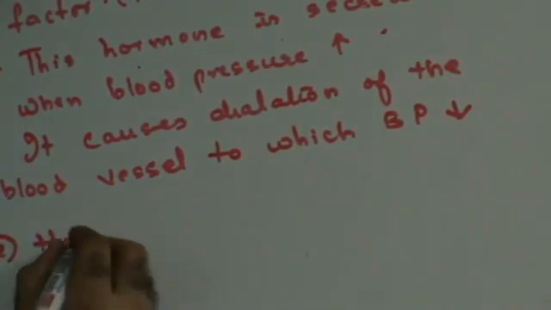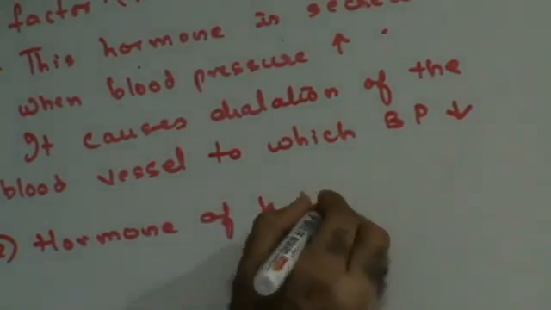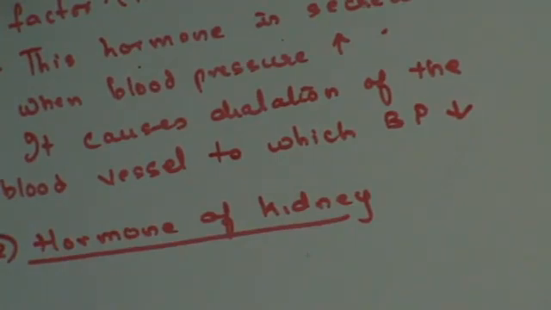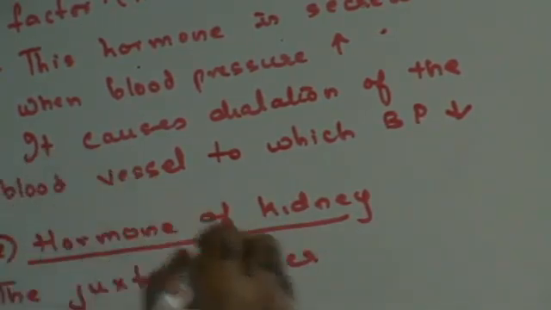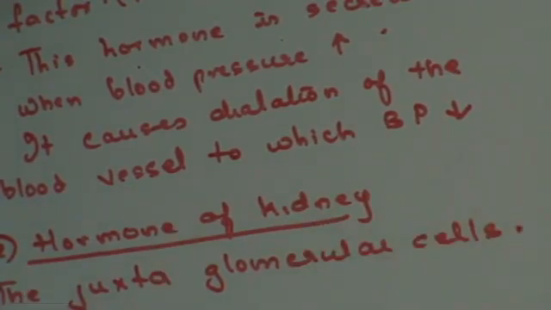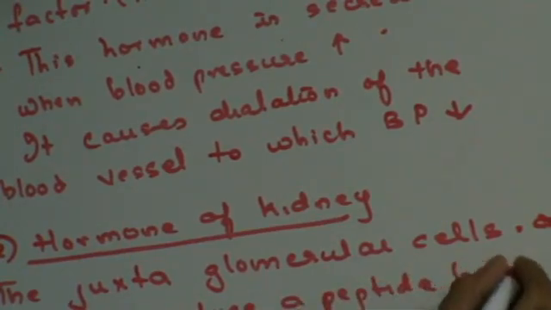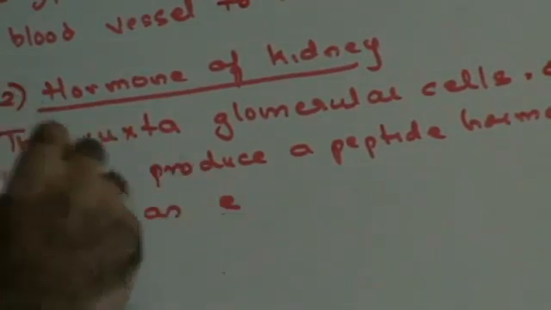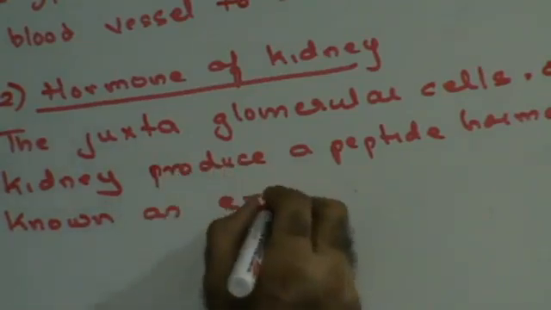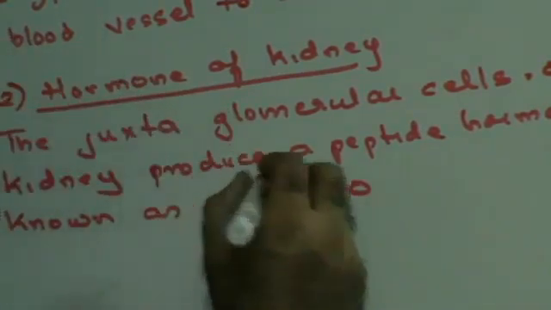Next, the hormone of the kidney. What is the hormone of the kidney? The juxtaglomerular cell of the kidneys produces a peptide hormone known as erythropoietin.